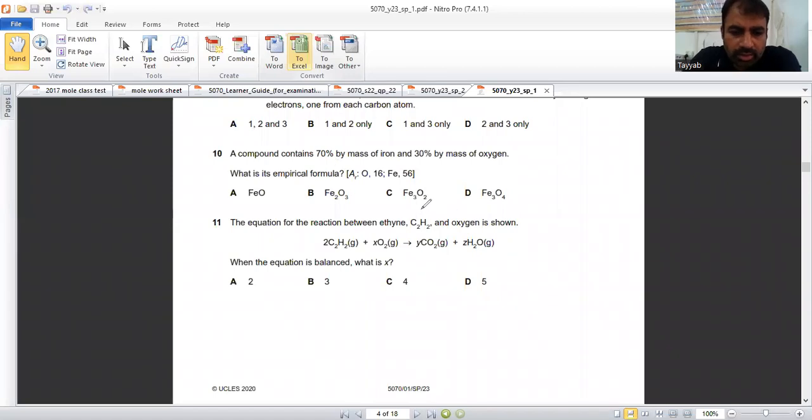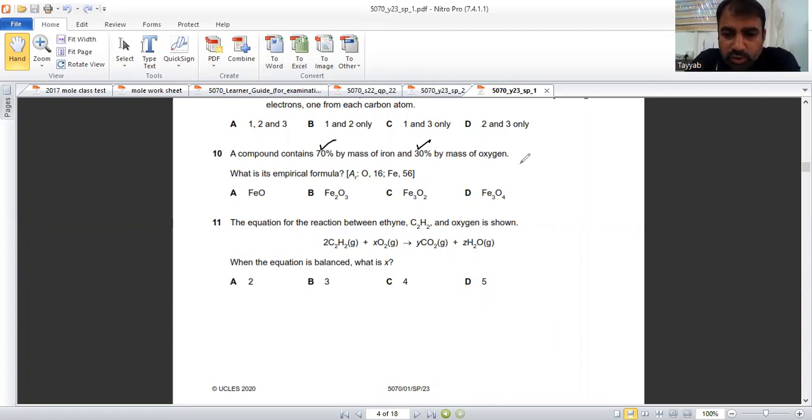In the 10th MCQ, he has given the percentage. Okay, how to calculate empirical formula? To calculate empirical formula, the percentage of each element is given, or the mass of each element is given.